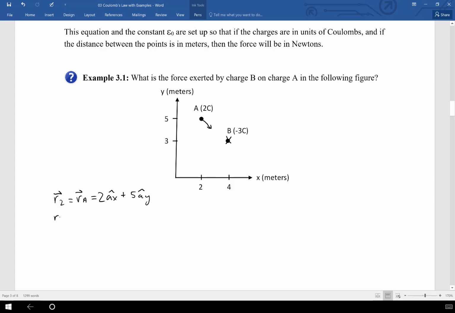And R1, which is the location of the charge that is causing the force, is R sub B, and this is going to be 4 a sub x plus 3 a sub y. And then, of course, the vector between those, R, is going to be R2 minus R1.